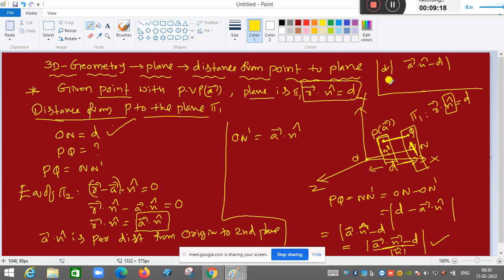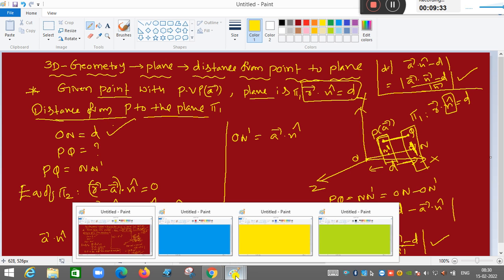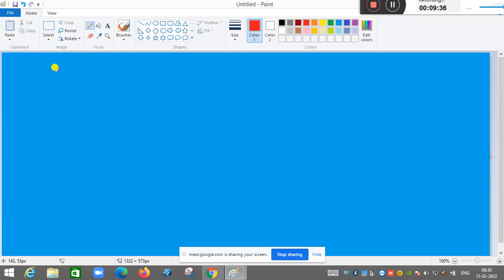Suppose n bar is given, then we can write the distance as the modulus of a bar dot n bar minus d, by magnitude of n bar. This is the distance from a point to a plane. Cartesian form also follows.